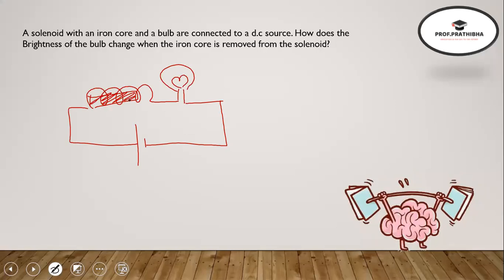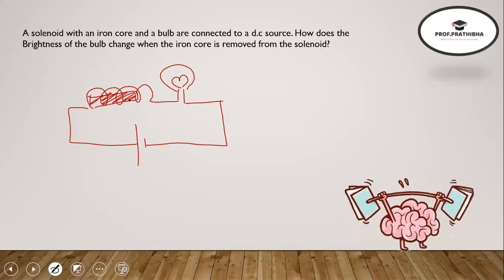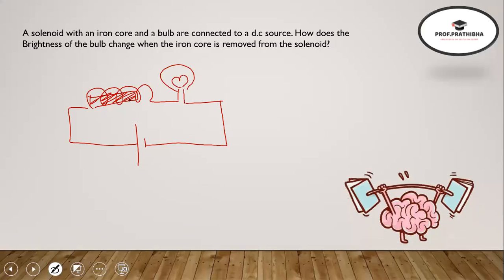Any idea? Very good. I can see that some of you are thinking about it. Yes, Palak, Aryan Mishra, Anand, Trupti Vaja. Yes, there will be no change because which battery is this? Is it changing?